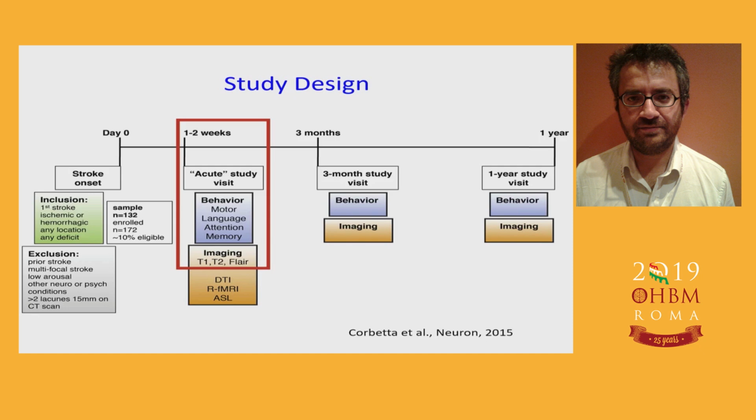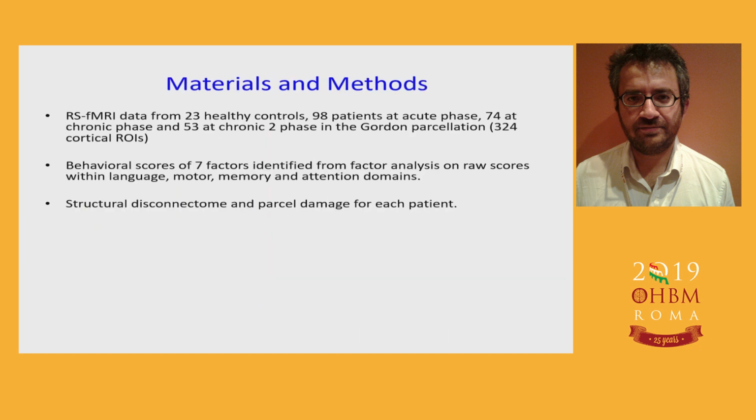In our case, we had data for 23 controls, 98 patients at the acute phase, and 74 and 53 patients at the chronic and chronic 2 phases. There was some attrition; not all patients showed up for all phases.